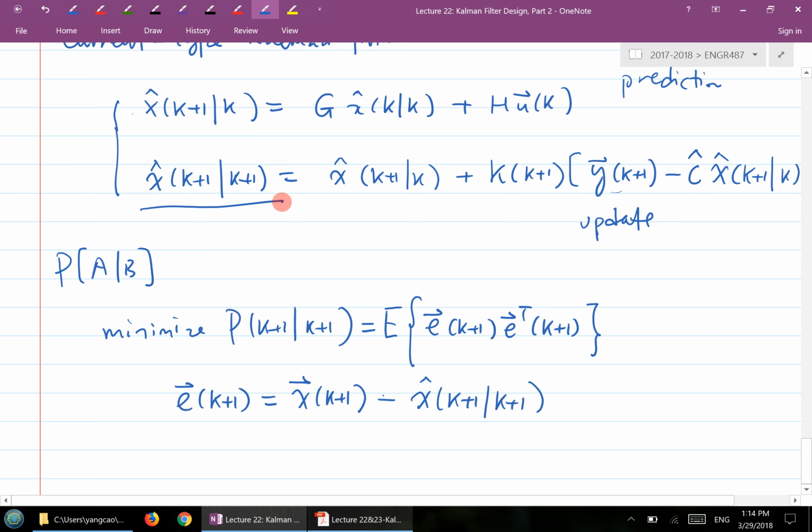So basically this term here. No difference from the previous objective, right? You're trying to minimize the covariance matrix of the error. The estimation error is the actual state minus the estimated state out of this current type of Kalman filter here. Okay.